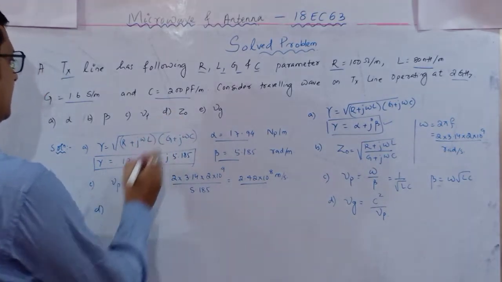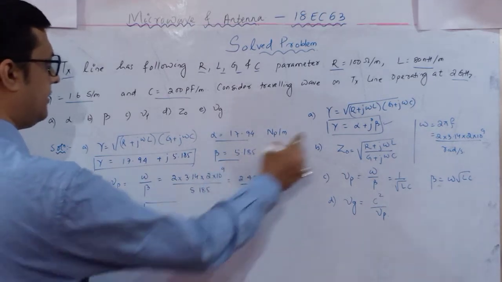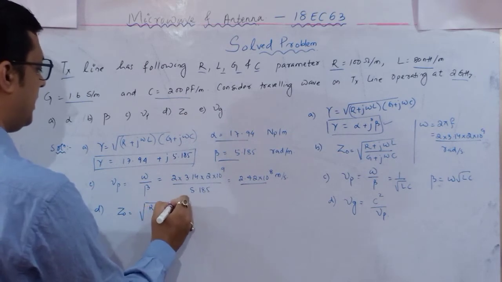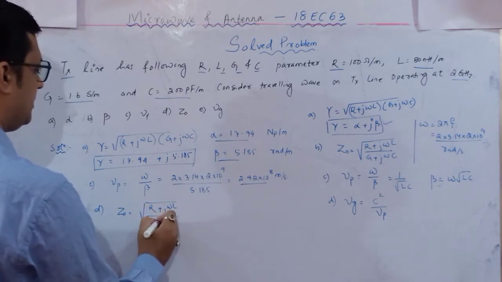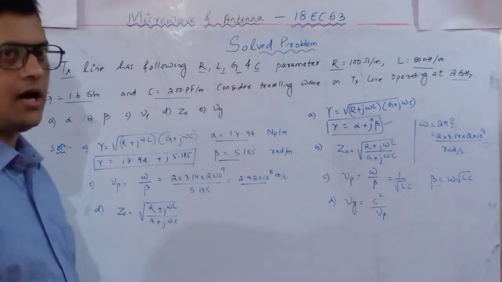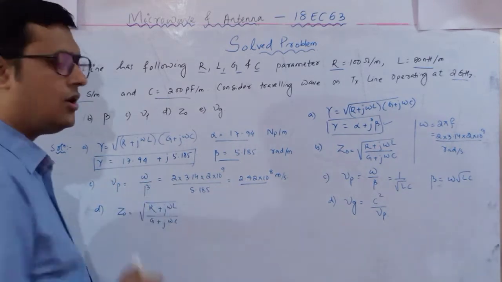Next, what is our characteristic impedance? Characteristic impedance, we will use this relation. So it is the square root of (R plus j omega L) divided by (G plus j omega C). Substitute all this value, R value, L value, G value, C value, and as well as our omega value.